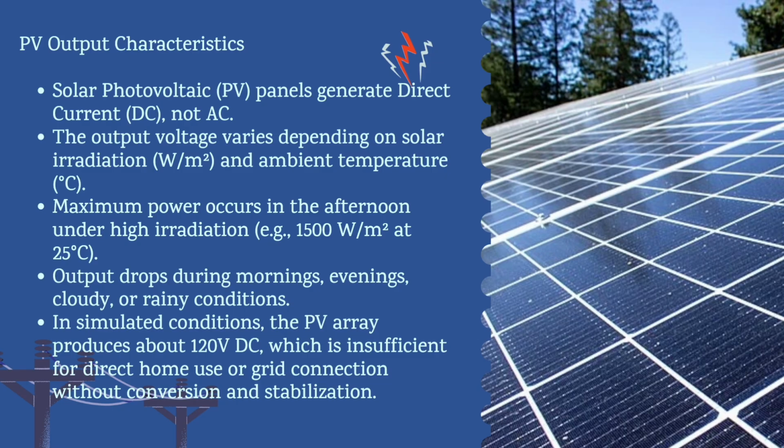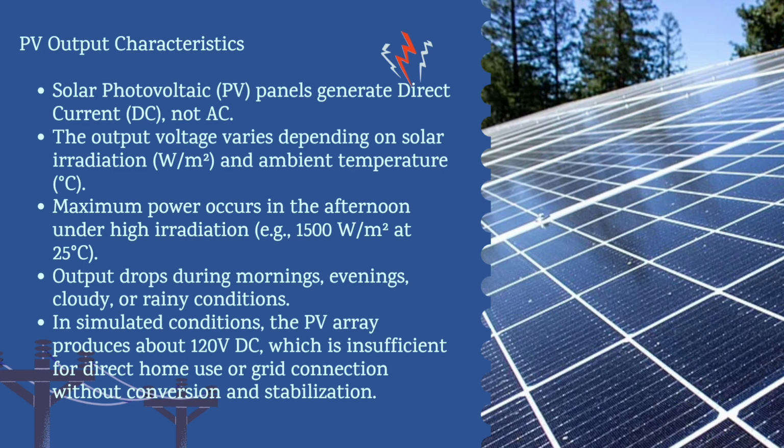In our Simulink simulation, the PV array produces about 120 volts DC, which isn't enough for direct home use or grid connections. This variability means that the raw PV output must be converted and stabilized before it can serve household demands.